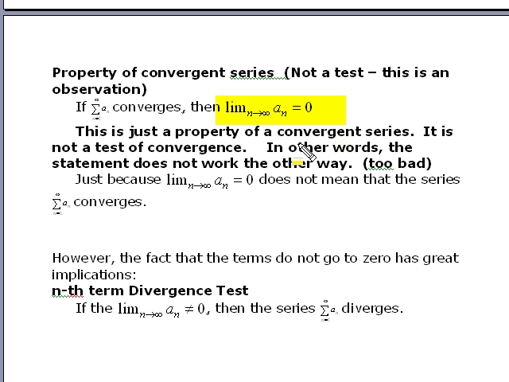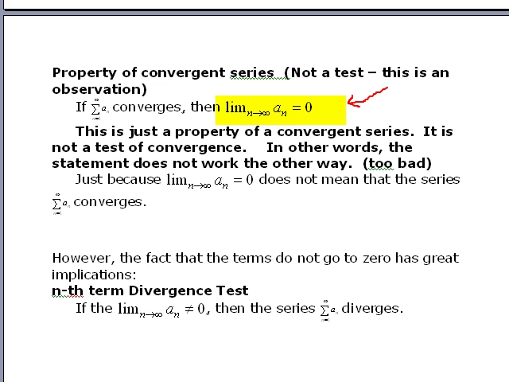It's not a test. In other words, if you had a series and the terms of it converge to 0, what I'm saying is this holds, but it does not imply that the series converges.